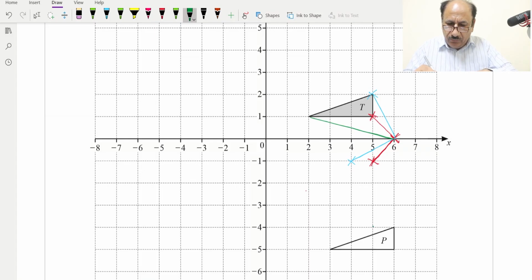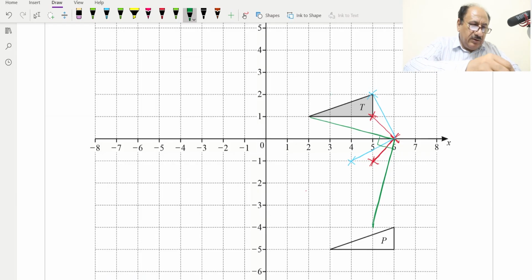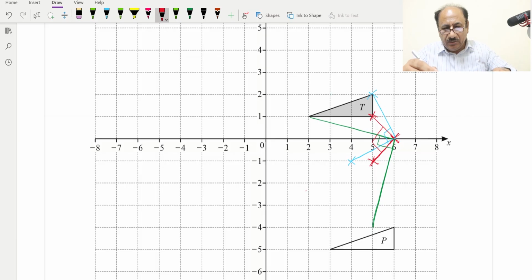So this will be the 90-degree rotation. So you can see green color lines are this one, 90 degrees, and if you check blue, this one is also 90 degrees, and a red color also, this one is also 90 degrees. So all three are making an angle of 90 degrees. So we got all 3 points of the triangle.